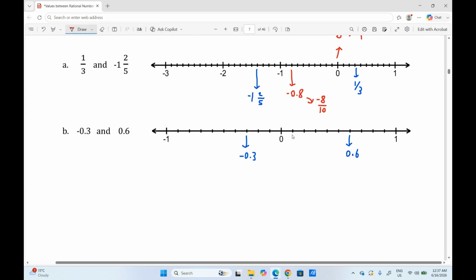Why don't we go with 0.1? That looks like a good one. So 0.1 would be a rational number because it can be expressed as 1 over 10, and that's a fraction. And another number could just be negative 0.1. And that's also a rational number because it can be expressed as negative 1 over 10.